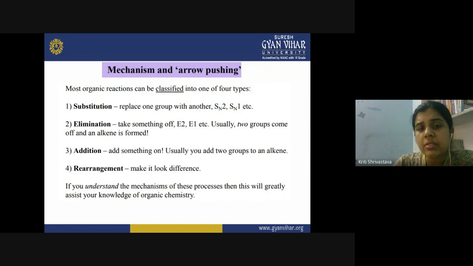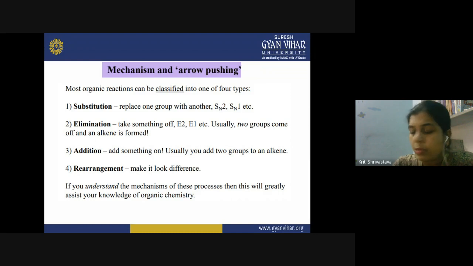Then second comes the elimination reaction, and these elimination reactions are accompanied by elimination of small molecules. During the course of the reaction, small molecules are eliminated, and whenever the elimination takes place, it will lead to the formation of a double or triple bond, right?